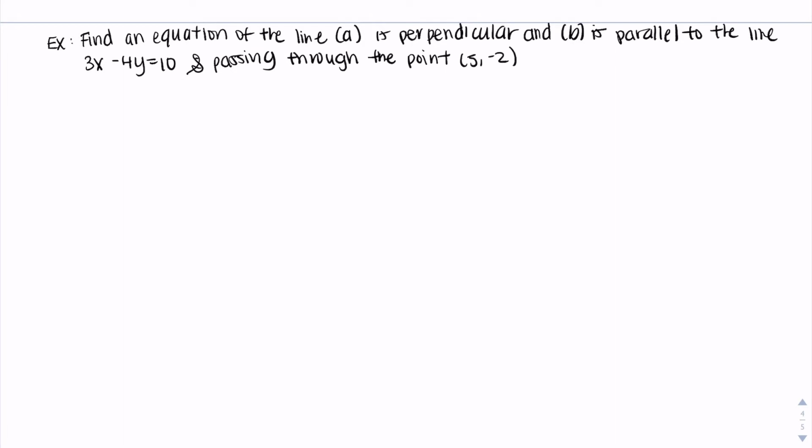So when you see this equation, you have to see what is the slope of the line. So first you want to find out what is the slope of this line. And to solve for that, you solve for y. So 3x minus 4y equals 10.